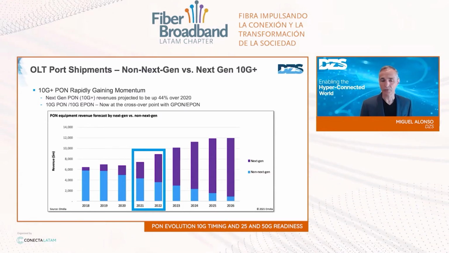We are going through that transition in 2021. In 2022, the expectation is that more next-generation PON systems will be shipped than traditional generation. So important to note that while we are speaking here at what seems to be the threshold of the next-generation PON, the reality is that that transition is already happening in front of our eyes.